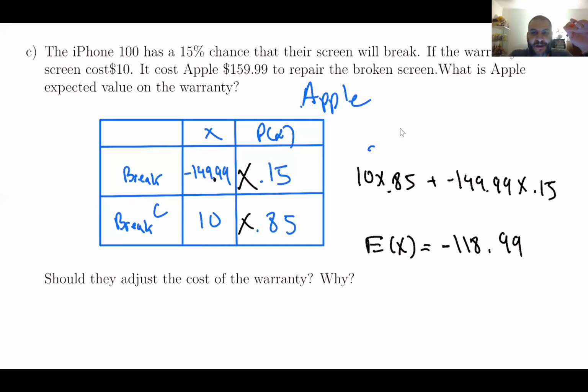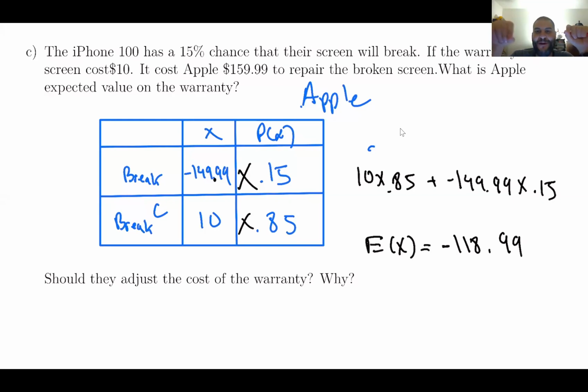All right, so for this expected value, is this good news for Apple or is this bad news for Apple? Good news. Why would it be good news though? Well, if you look at it, we're doing this expected value from the point of view of Apple.